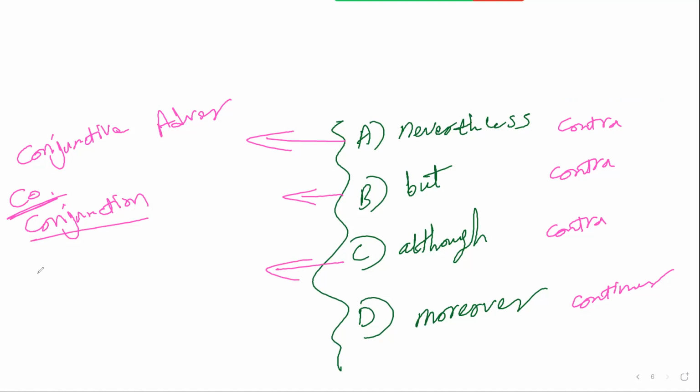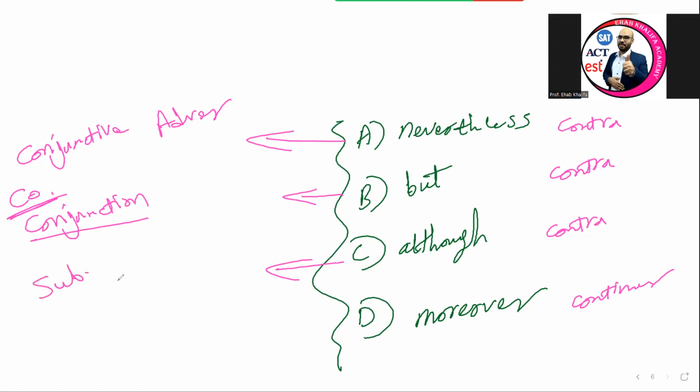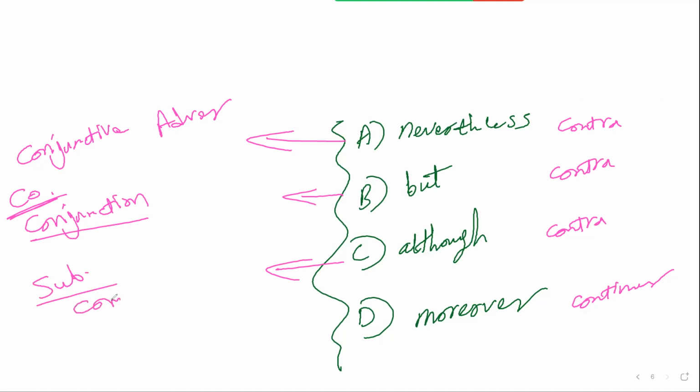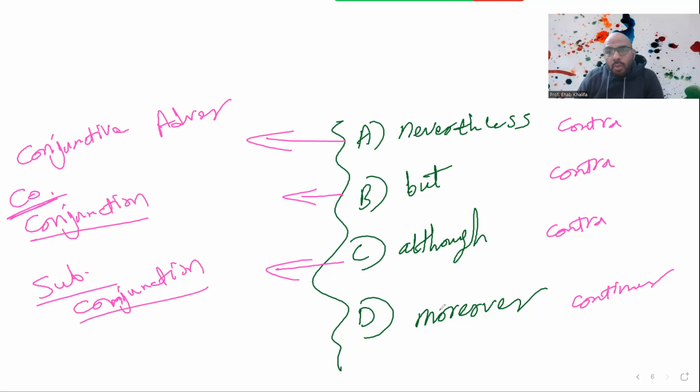Although: subordinating conjunction. Although it's a subordinating conjunction, although begins a subordinate clause.